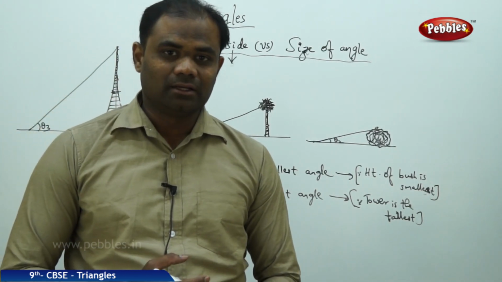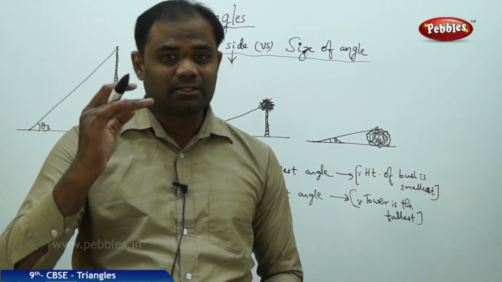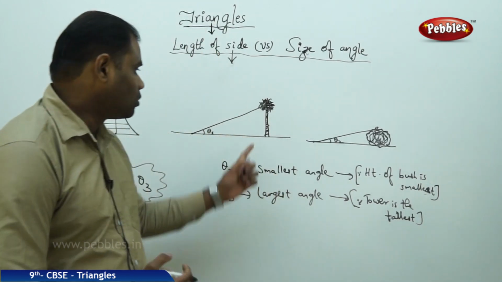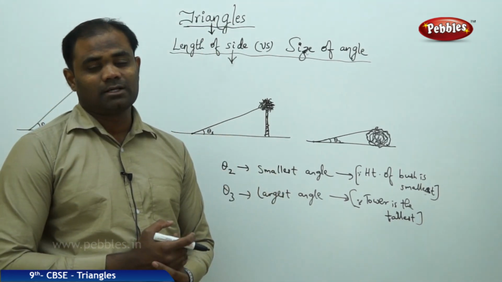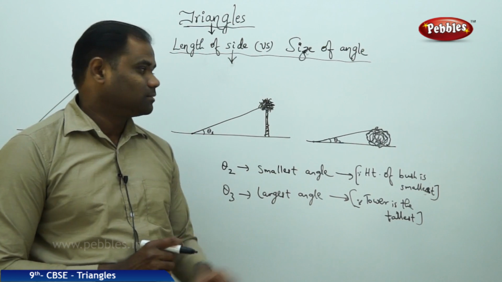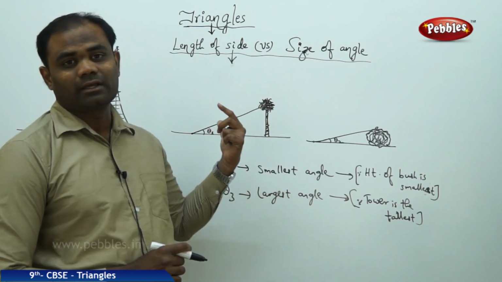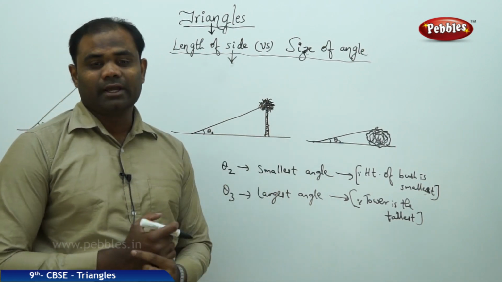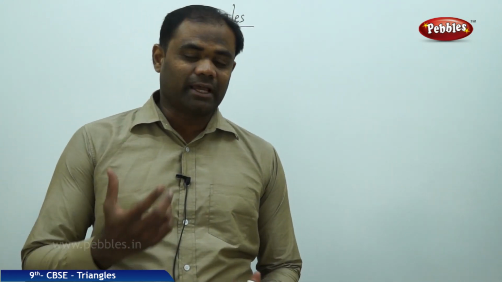Lesser the angle, lesser the side, or lesser the side, lesser the angle opposite to it. That is how we have the triangle connected with the angles of different heights. Now let's use the property of connecting the size of the angle and the length of the side to a triangle ABC.